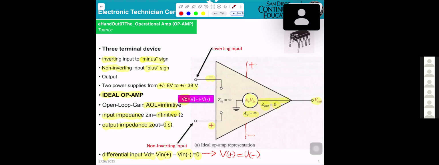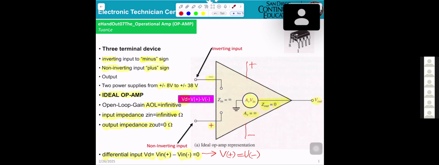Basically, the op amp needs a power supply to work, and the power supply will be plus or minus 8 volts up to plus or minus 38 volts. In the lab we're working on, we're using plus and minus 15 volts.